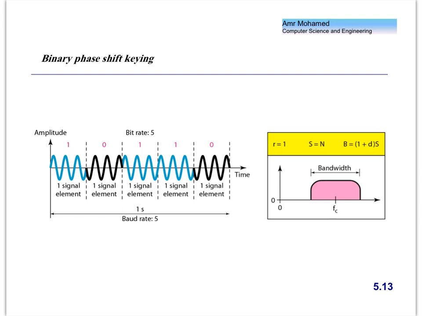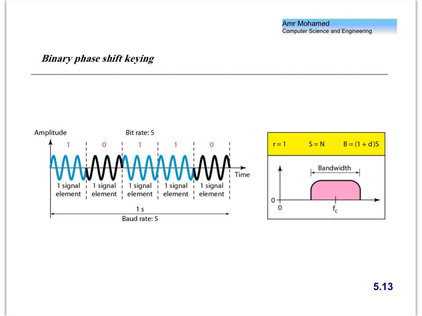The phase is also one of the properties that is more resistive to noise. Okay, so the noise changes the phase with much less probability compared to changing the amplitude. Okay?